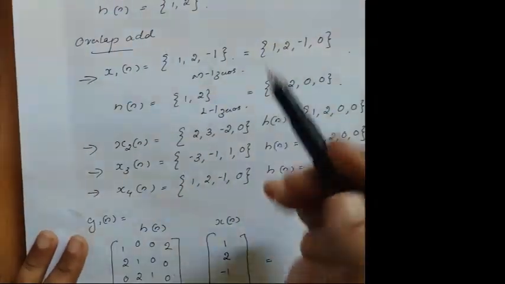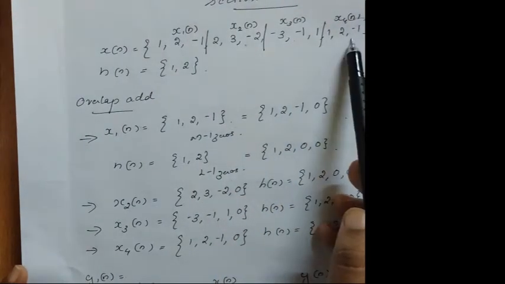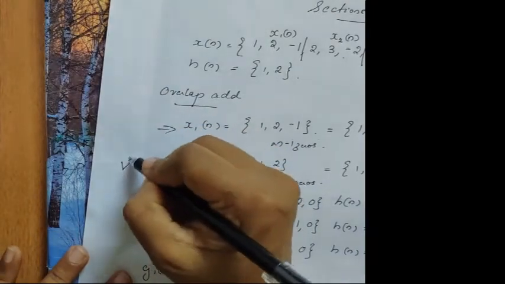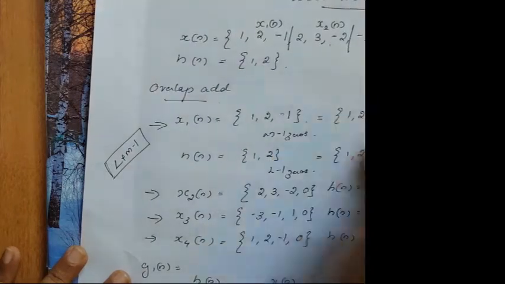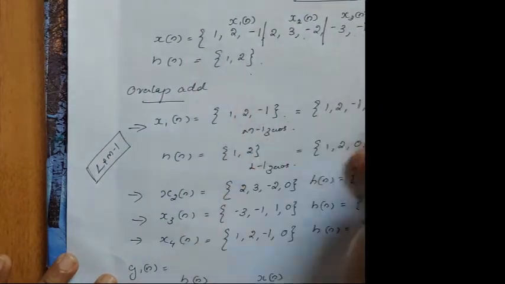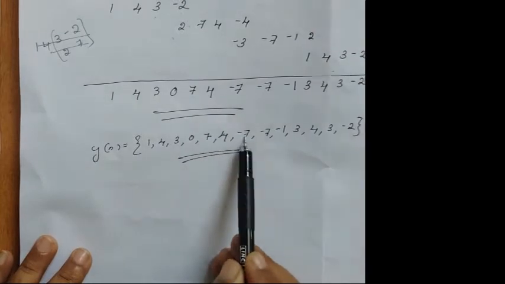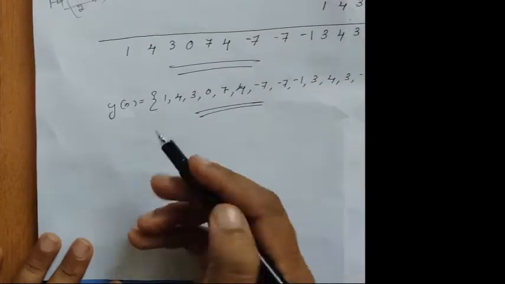You got 13 samples. Our aim is to get L plus M minus 1 samples. L is 12, M is 2, 12 plus 2 is 14, 14 minus 1 is 13. You have to get 13 samples: 1, 2, 3, up to 13. This is another way to check your answer.